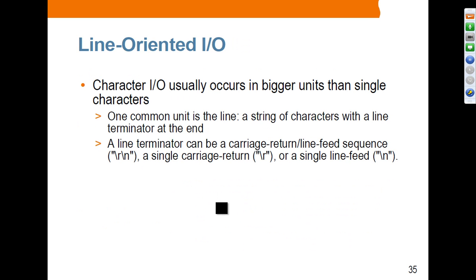Okay, so you can also perform line-oriented I/O. Here, character I/O usually occurs in bigger units than single characters. A line is a good boundary for performing I/O operations. The line terminator for Windows is \r\n, and for macOS and Linux it is the \n character.